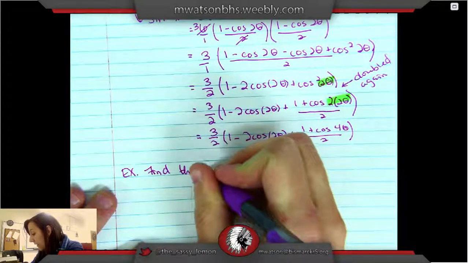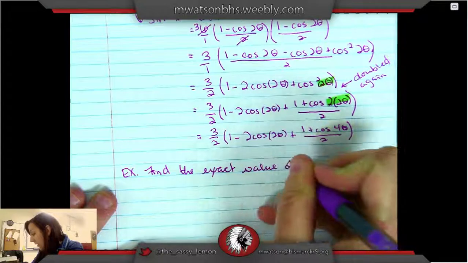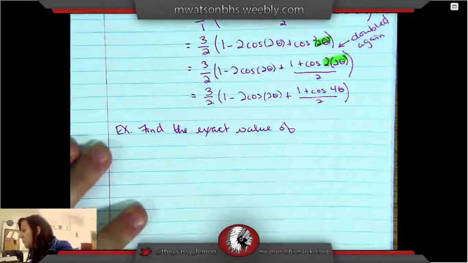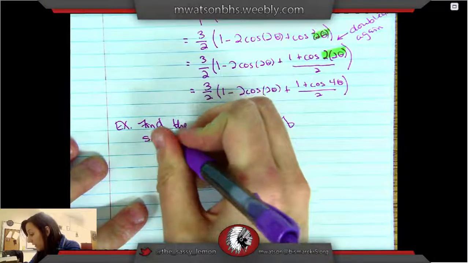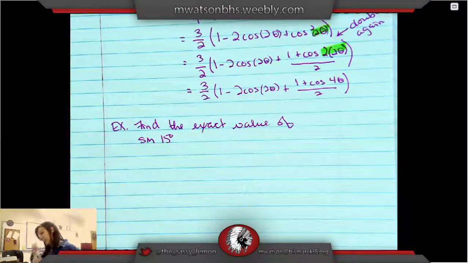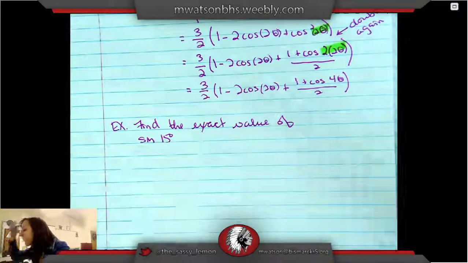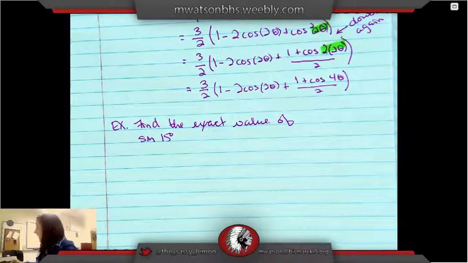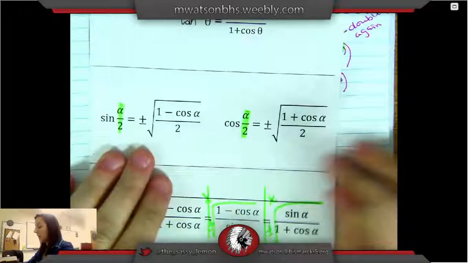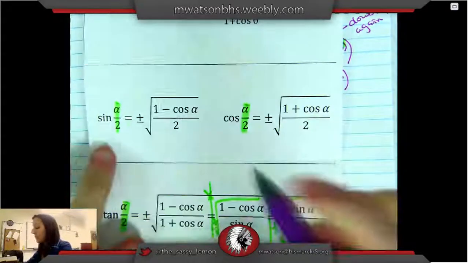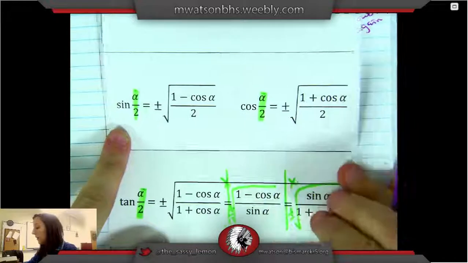So find the exact value of sine of 15 degrees. Alright, so looking at our half angle formulas, here we've got our sine formula, and here's how we're going to use it.